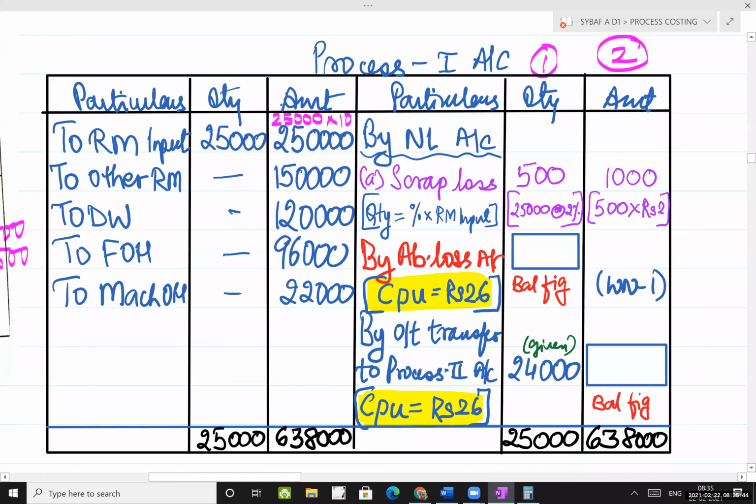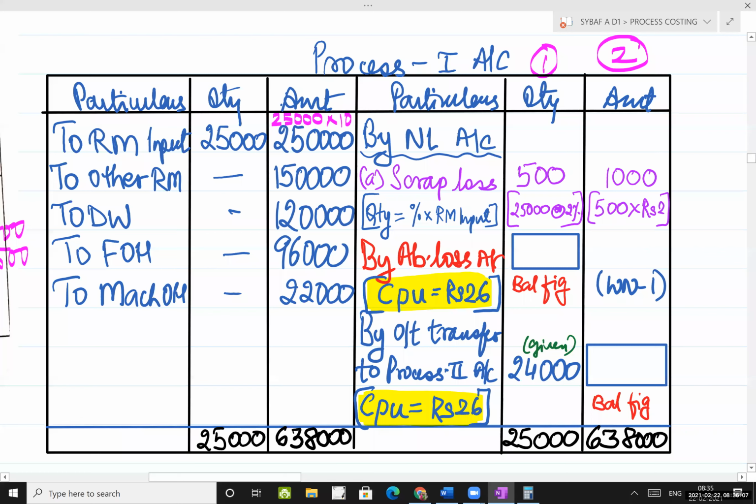Okay. ठीक है. फिर क्या करने का? फिर क्वांटिटी कॉलम क्लोज करने का. I repeat, first debit all your expenses, then calculate your normal loss. Okay. Record your output, which will be transferred to next process, and then close the quantity column.